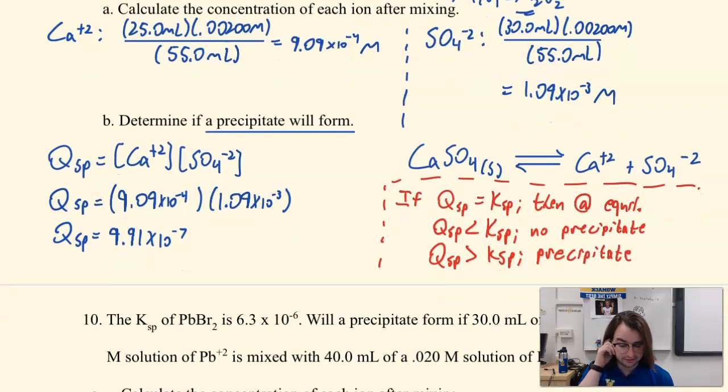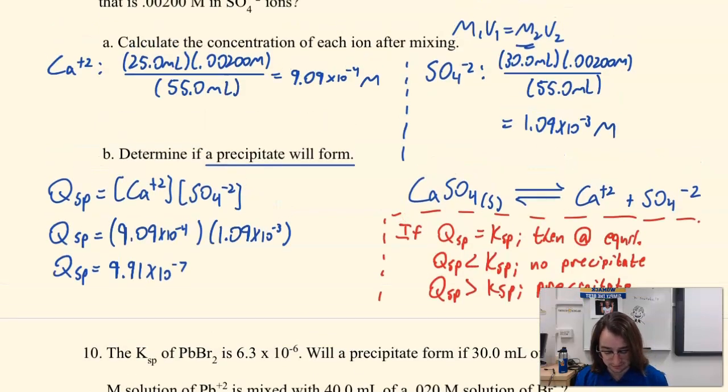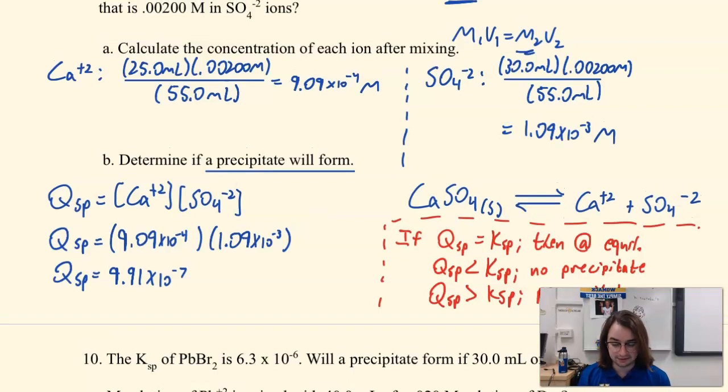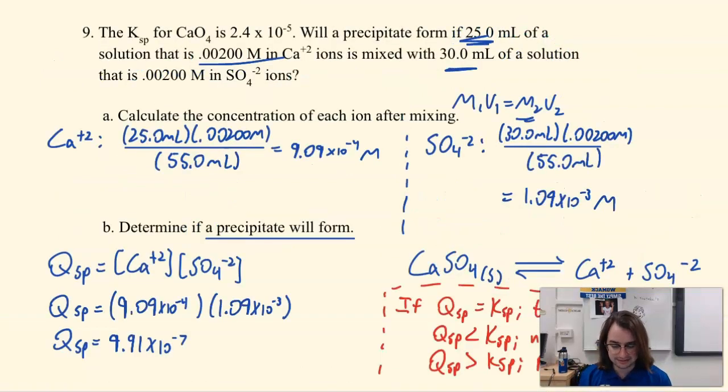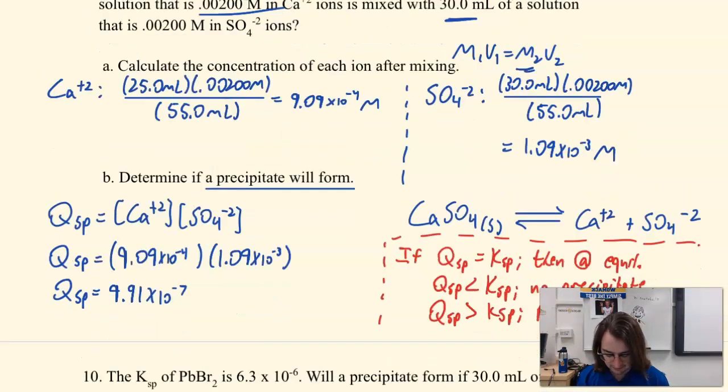Sorry, my noodle's in the way there. So if I'm looking here, this is not as big as my K value. I mean, they give me the K value at the beginning. They say it's 2.4 times 10 to the negative 5th. So this is absolutely not as large as my K value. So I'm going to have to state that. I say Q is less than K. I'm going to use math here.